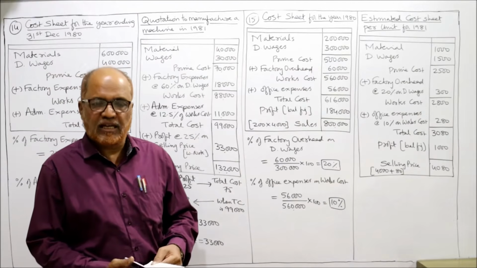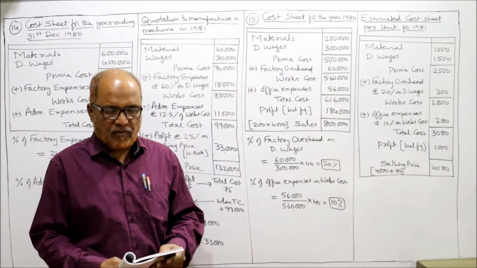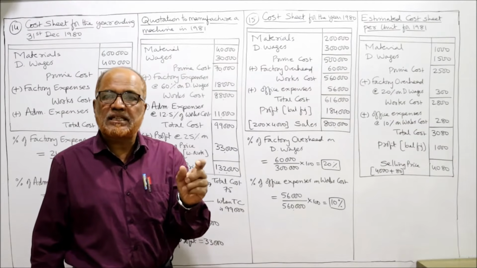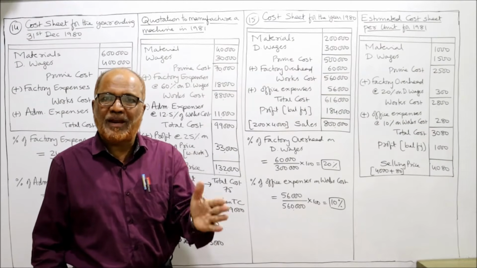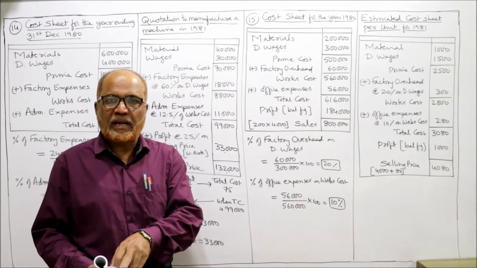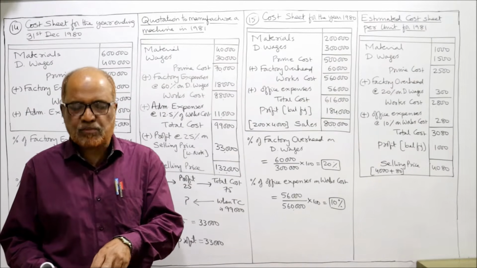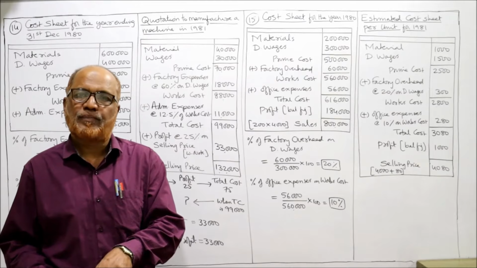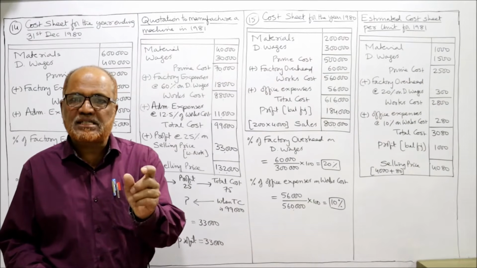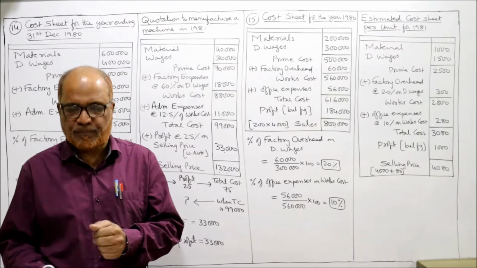The breakup of the cost was material 2 lakh, direct wages 3 lakh, factory overhead expense 60,000, office expense 56,000. So that is the breakup of 6,16,000 given here.